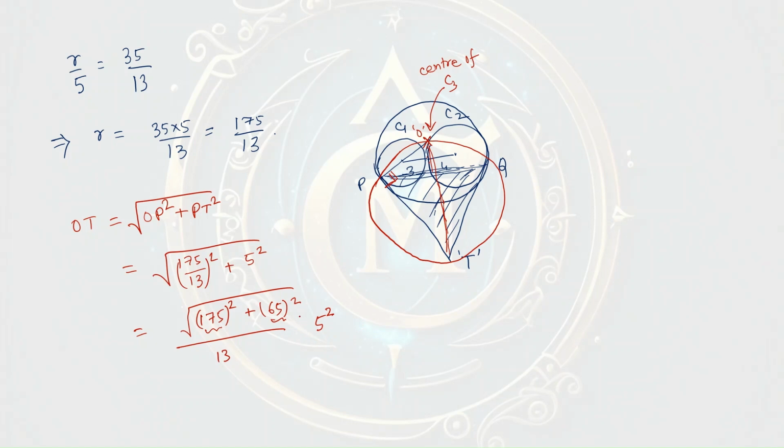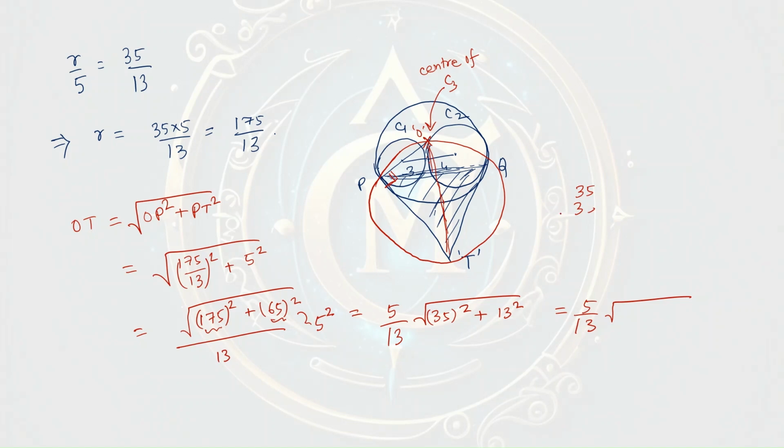That means if we extract the 5 square here, we will get a 5 outside the radical sign. That means it will become 5 by 13 into, this will be 35 square plus this will be 13 square.